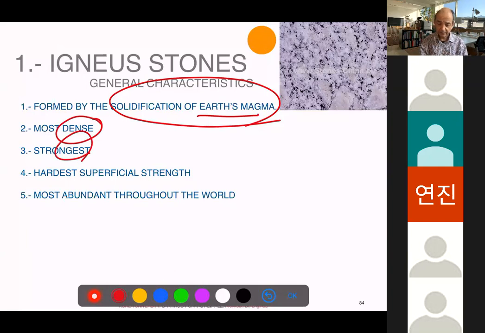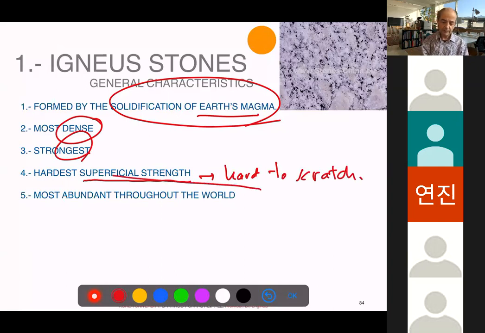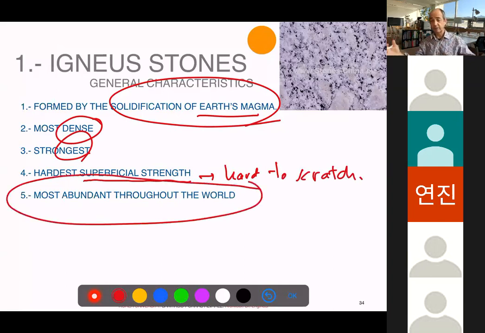They have hard superficial strength. That means it is hard to scratch, right? And they are most abundant because there is a lot of magma solidifying all the time under the earth, right? So this is the basic characteristics of those stones.